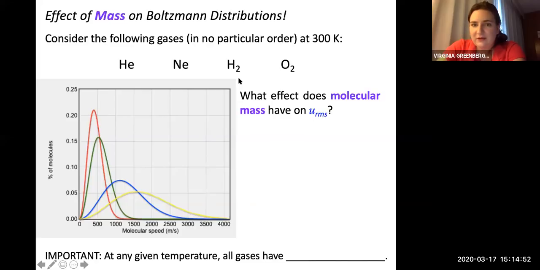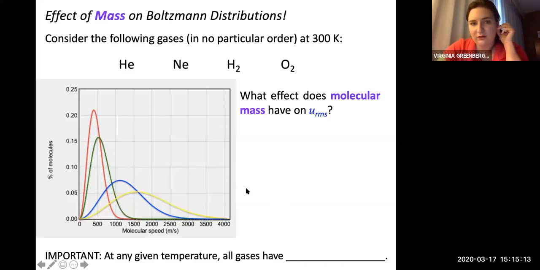So that will correspond to our fastest gas. When we're looking for speed, we look on the x-axis. So we look for where we extend our curve furthest on the x-axis, which would here be our yellow curve. So that would correspond to hydrogen.